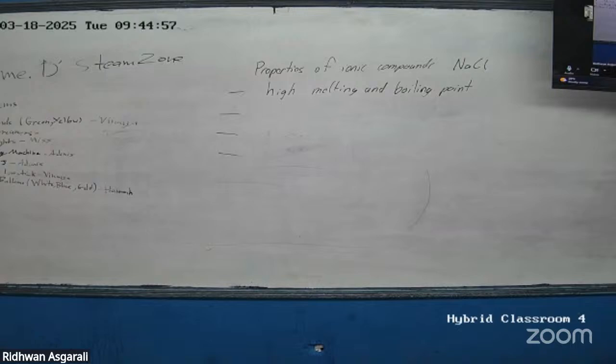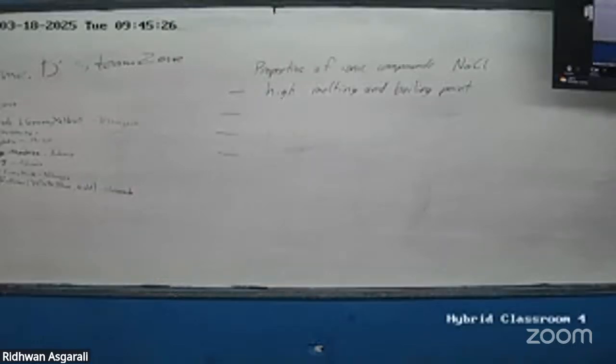Salt dissolves in water, so in the aqueous state, ionic compounds can conduct electricity. Aqueous means dissolved in water. So your answer would be yes, but only in certain conditions: in the aqueous state or molten state. Molten means melted. You understand?